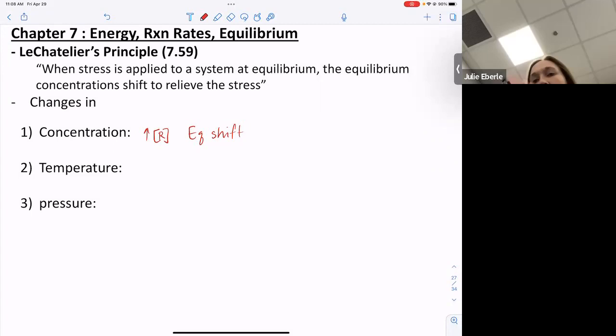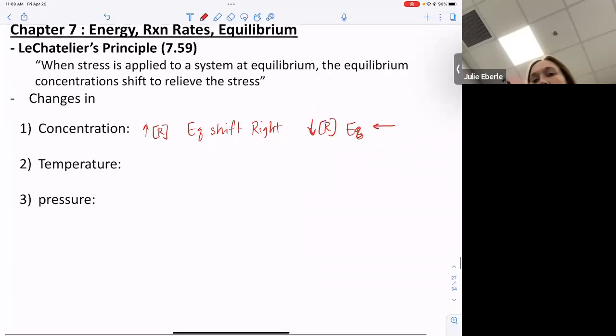It would shift right towards products. But a decrease in the concentration of reactant means equilibrium will shift, I'm just going to draw arrows now, left, to try to replace the amount of reactants that was taken away.